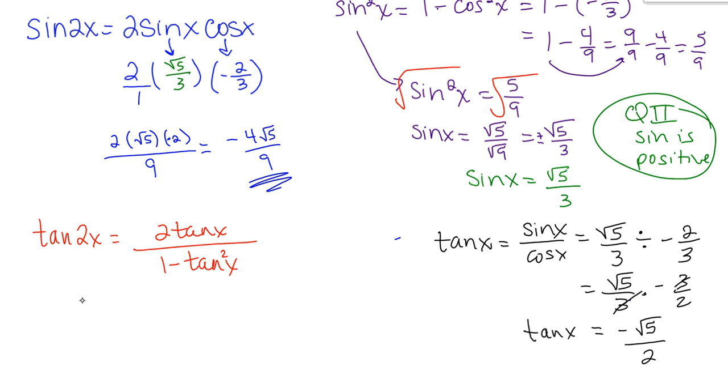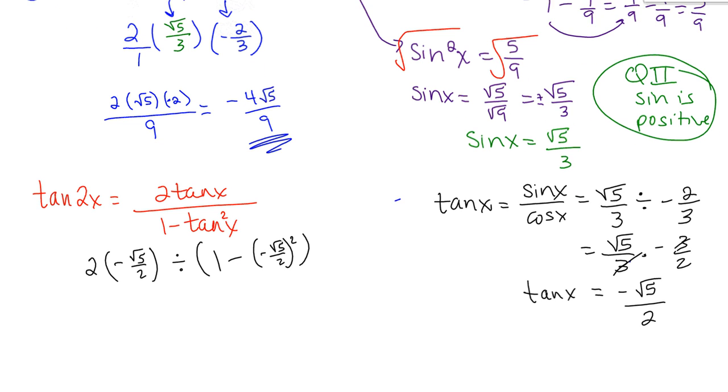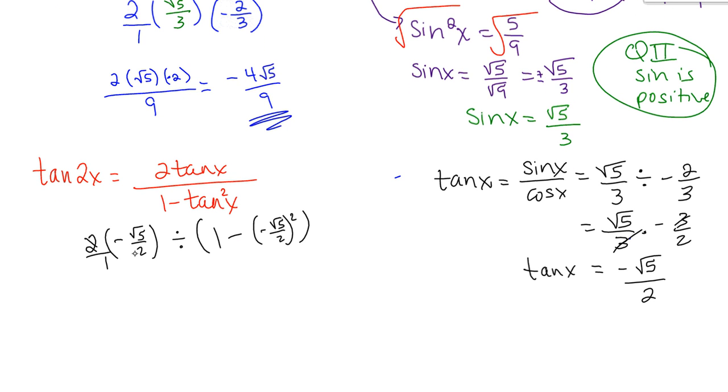So now we just have to plug everything in. So 2 times negative square root of 5 over 2 divided by 1 minus negative square root of 5 over 2 squared. Okay, this one's easy. Those 2's will cancel and it's left with negative square root of 5. 1 minus, now negative square root of 5 squared becomes a positive 5. And on the bottom, it's a 4.